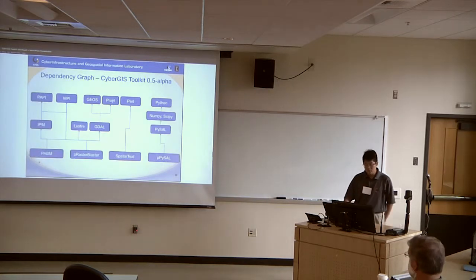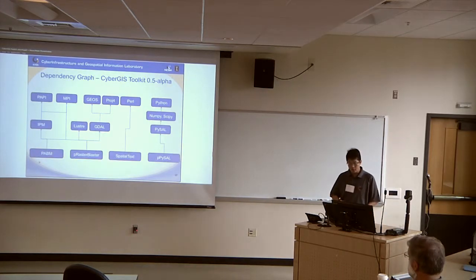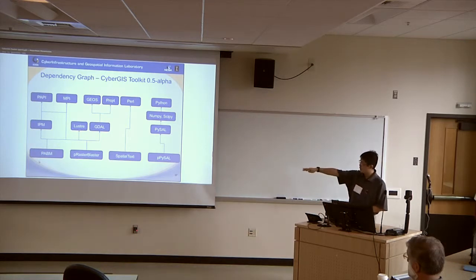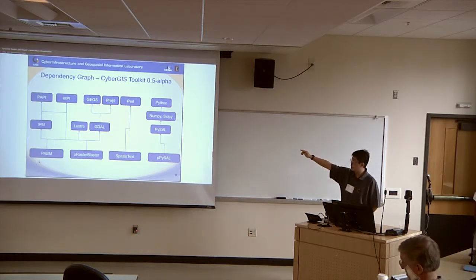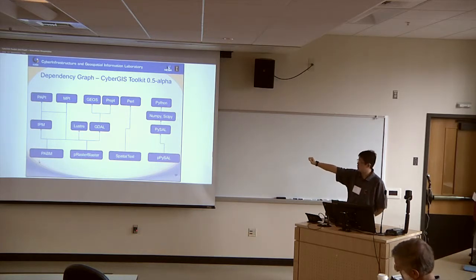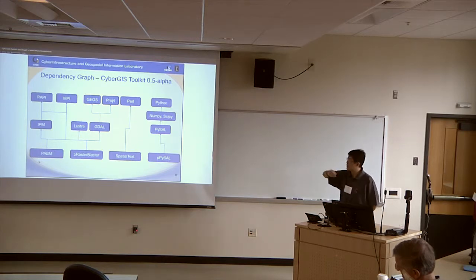Before I give the stage to Serge, let me just mention that we only integrate the 4 components, and the dependencies we're dealing with are illustrated in this diagram. So PABM depends on a performance profiling library called IPM, which again depends on a low-level system library called PAPI, developed by the University of Tennessee.